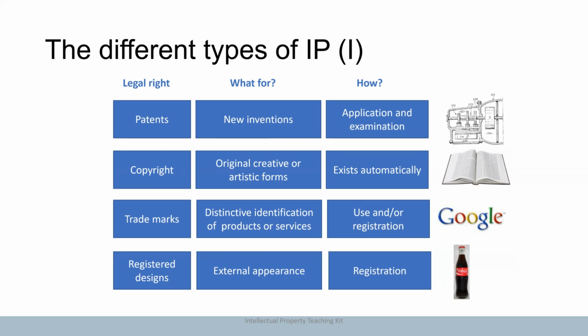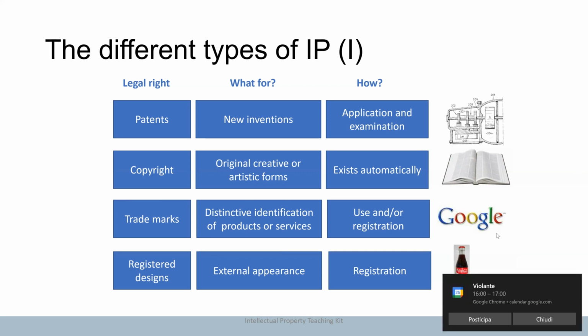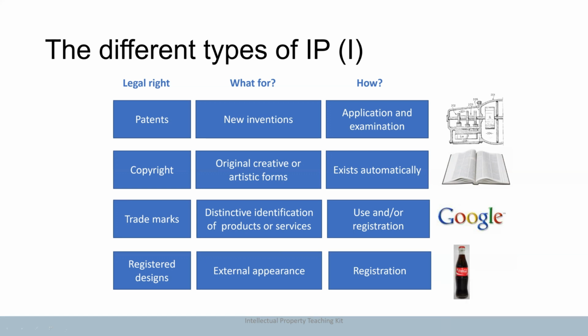Then there are the registered designs, which are used to protect the external appearance of industrial products, and it is obtained through a procedure of registration, again, similar to the trademarks or the patent.